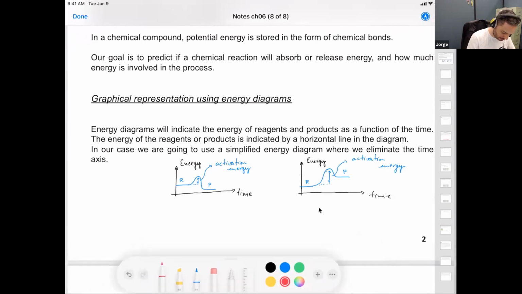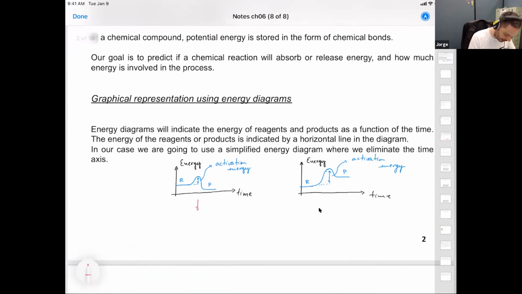So in the simplified energy diagram, what we are going to have is only the vertical axis, energy, and we are only going to represent the energy level of reagents and energy level of products. And we are going to take out the activation energy of the system because that's not our goal in this course.